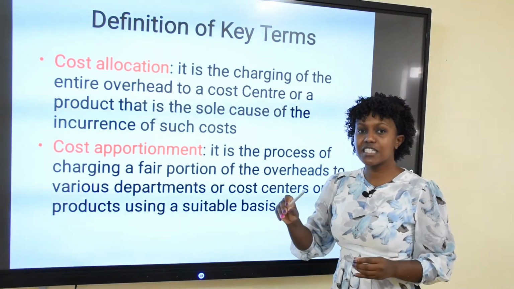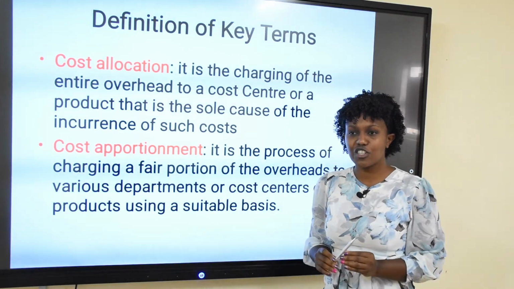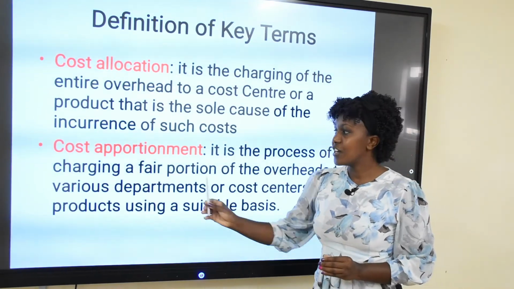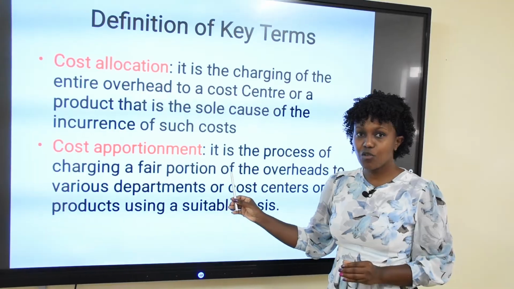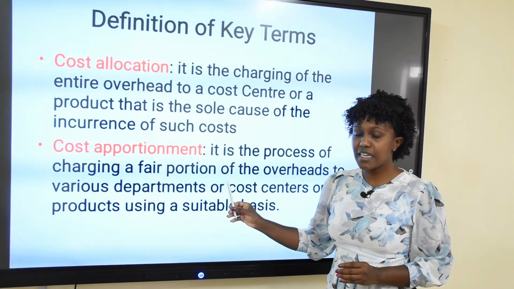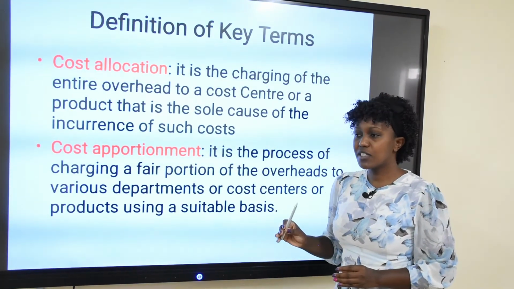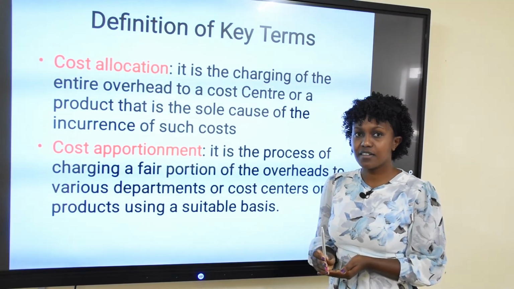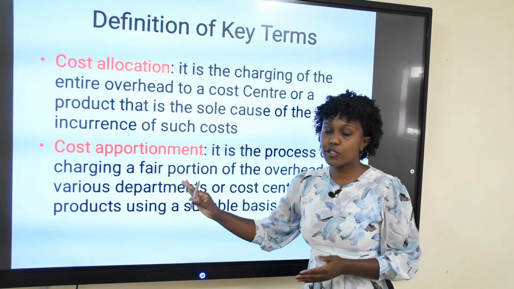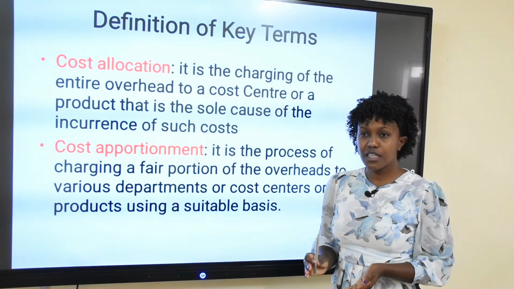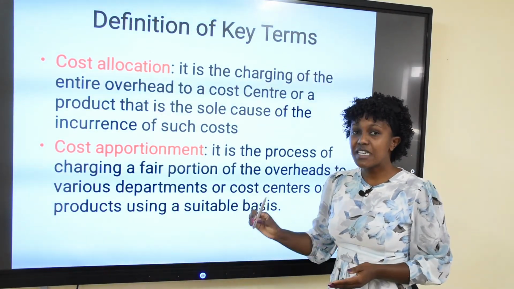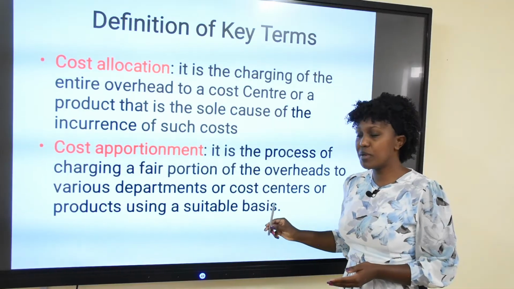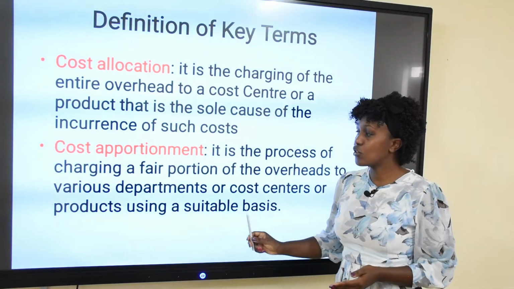Once we get the electricity charge for the whole organization, we may decide to apportion it to all the departments, so that we say either based on the area of the office or based on the square meter of the office or number of employees, we may decide those are several suitable bases that we can use to apportion an overhead.